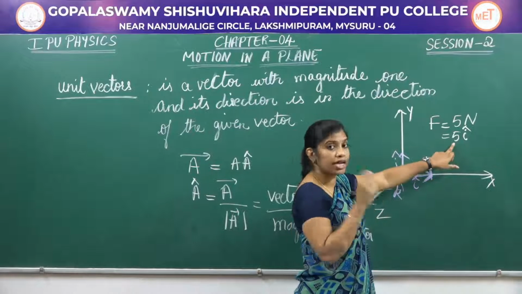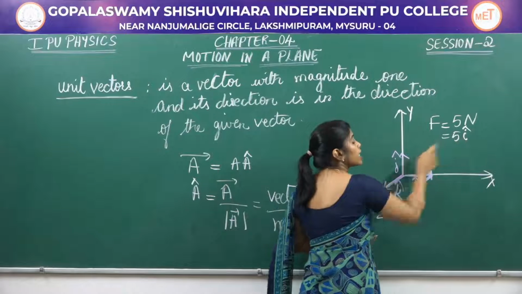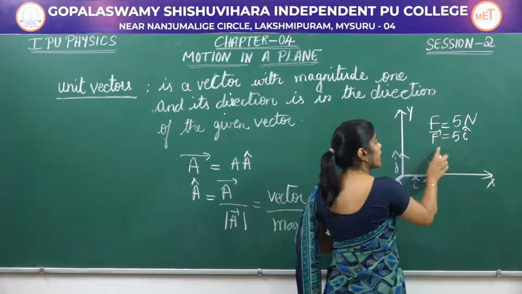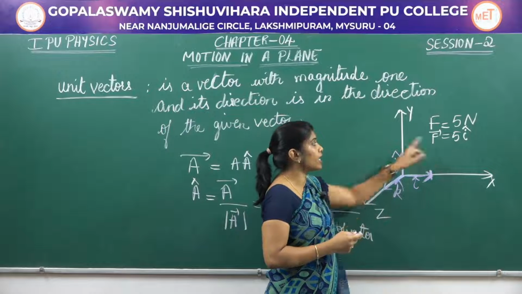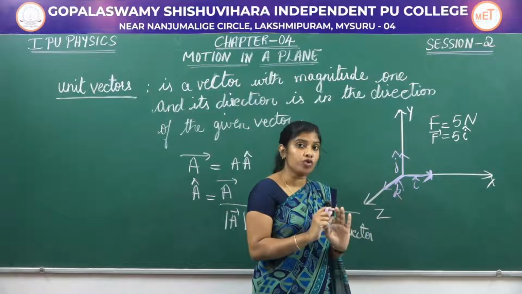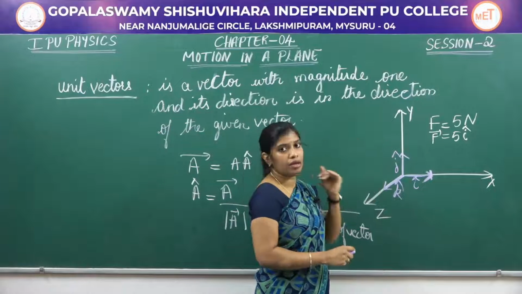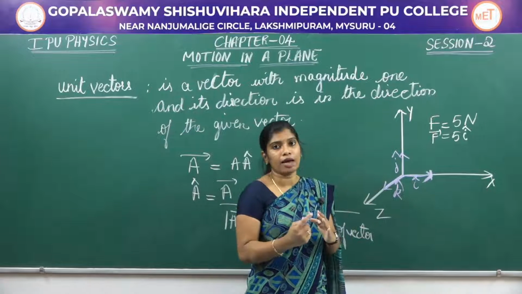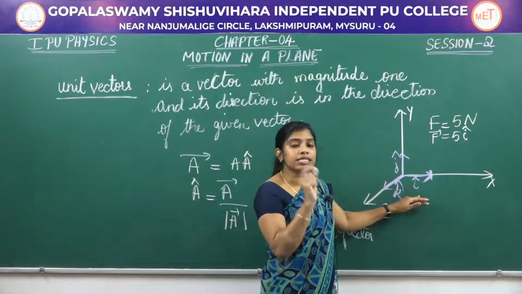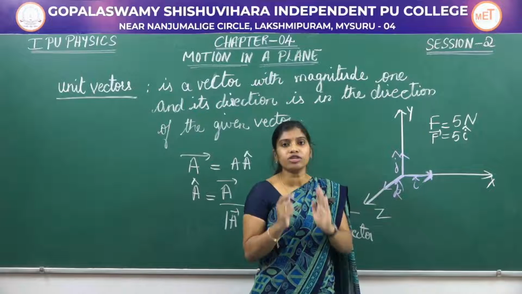So 5 is the magnitude of this force and i cap is the direction in which it is acting. Then if the force is acting along y-axis, I am going to write it as 5 j cap. And if it is along z-axis, then we write 5 k cap. So unit vectors just represent the direction of the vector.